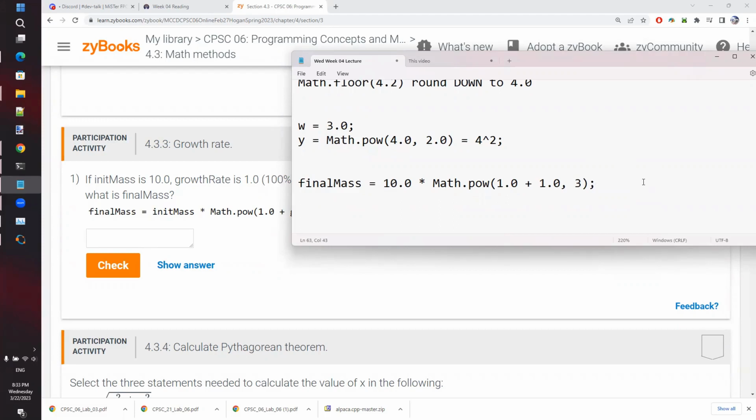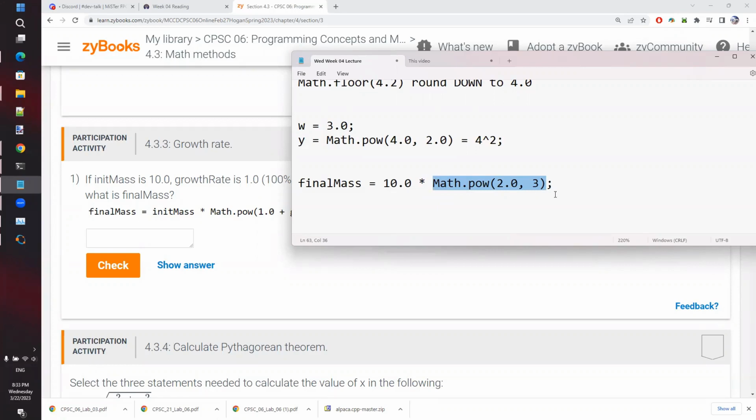So the next thing I can do here is I see that there's a 1.0 plus 1.0. 1.0 plus 1.0 is 2.0, like that. And then finally, this part that I've highlighted is 2 to the power 3. So that's 2 times 2 times 2, or 2 to the third power. 2 times 2 times 2 is 8.